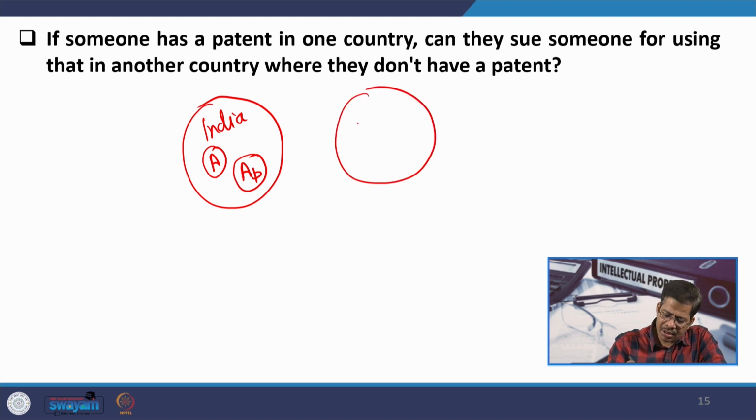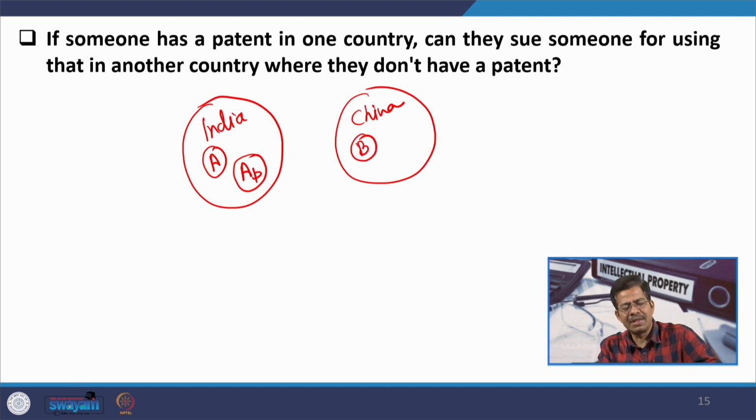Now, there is another country, China, where AP is not registered. Now, there comes a company B who is making this similar kind of product using AP and distributing in entire China. Though it is a case of IP infringement, you cannot take any legal action against this company, because IP is a territorial right. So, since your IP is not registered in China, you can't do anything.